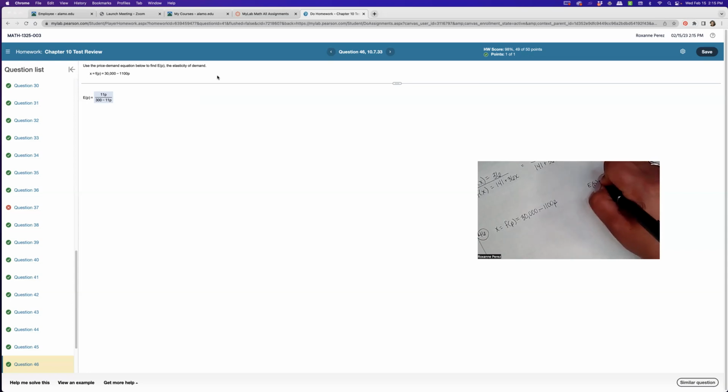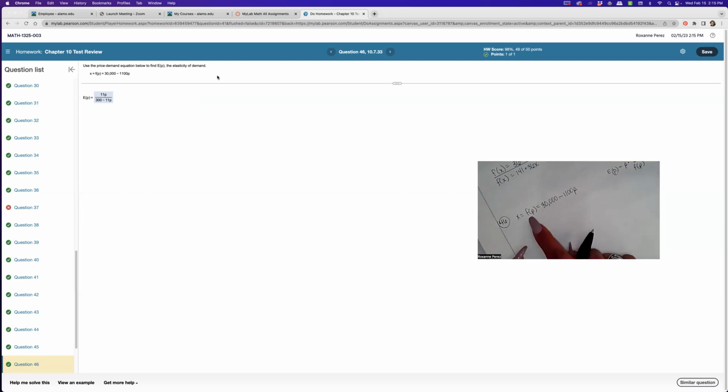E of P equals P times the relative rate of change, so P times f prime of P divided by f of P. And this is our f of P function that we are already given.